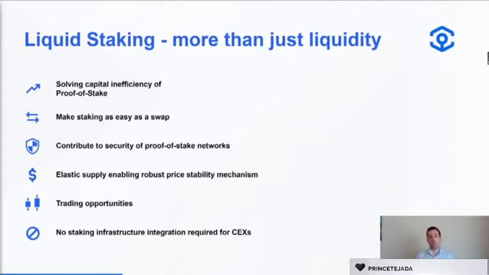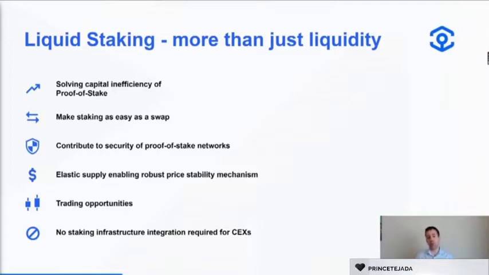However, we believe that medium or lower size centralized exchanges that do not have the resources, time, or capacity to integrate staking infrastructure into their system can simply buy and hold the liquid staking tokens as full collateral for the staking deposits of their users.